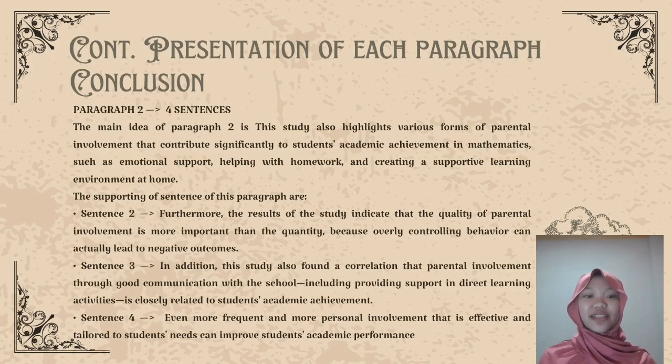The supporting sentences of this paragraph are: sentence 2 contains that, furthermore, the results of the study indicate that the quality of parental involvement is more important than the quantity, because overly controlling behavior can actually lead to negative outcomes.